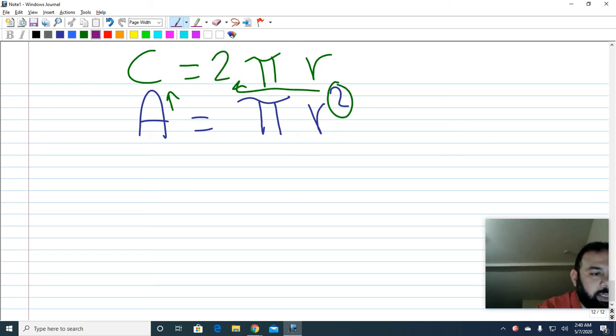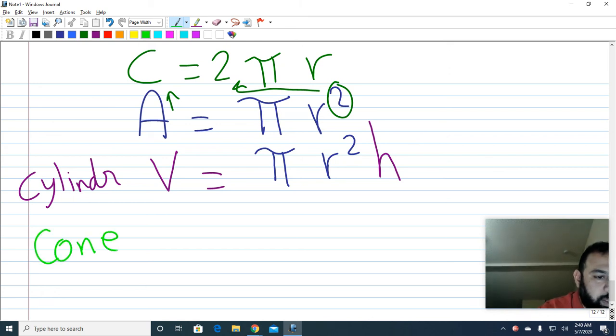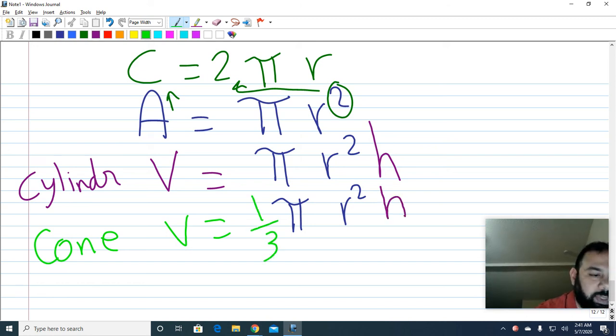For the cylinder, the volume equals the same thing, pi r squared, but multiplied by the height. For the cone, V equals the same thing, pi r squared h, but it's only 1/3 of this.